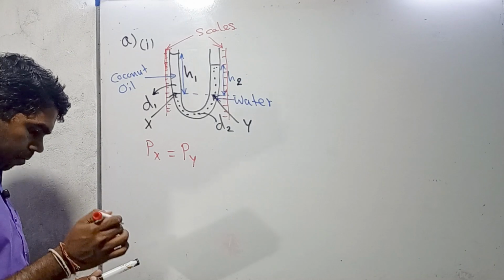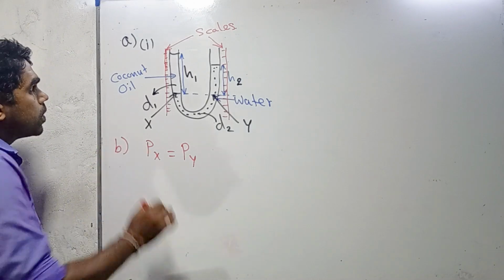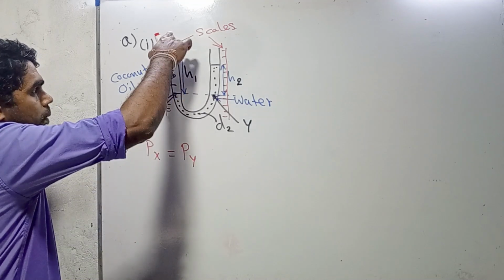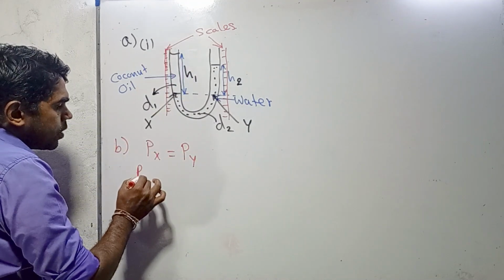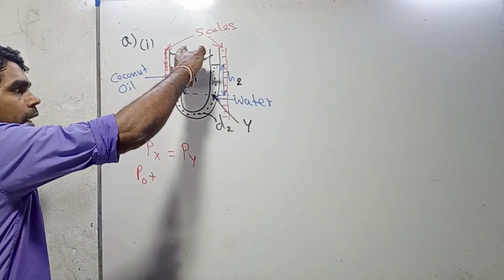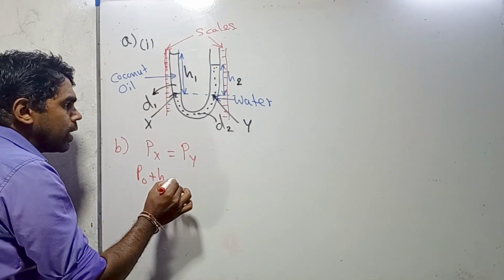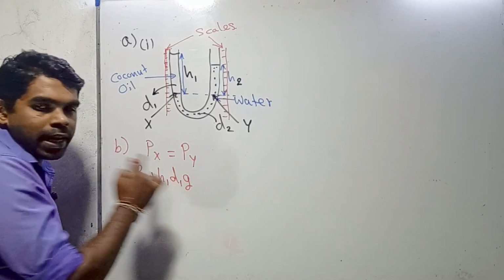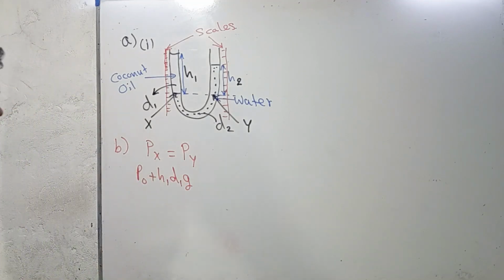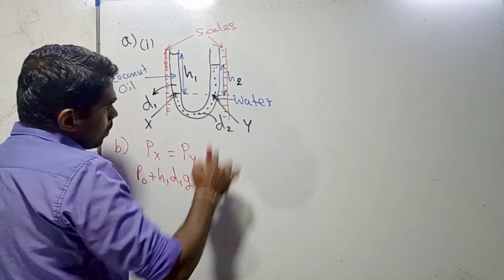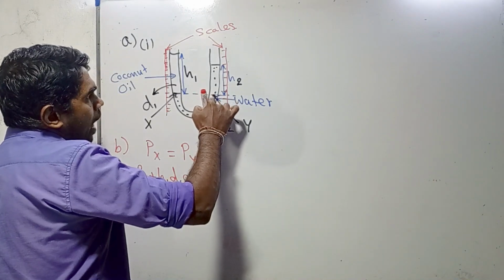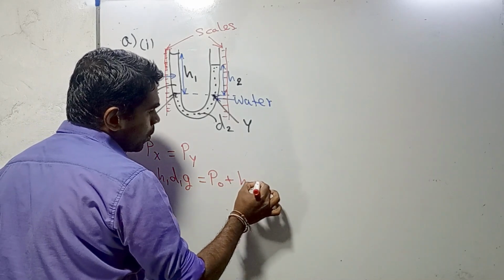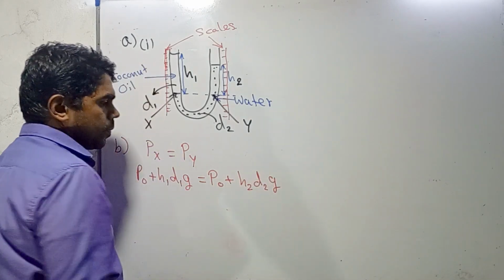Then we can write pressure at X equals pressure at Y. Pressure at X is atmospheric pressure plus H rho g, that is H1, D1, g: the corresponding height, density and gravitational acceleration. It should be equal to the pressure at Y. Pressure at Y is P0 plus H2, D2, g.